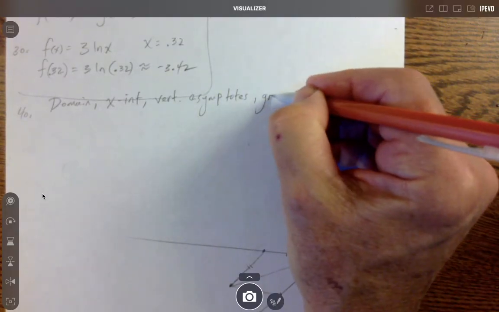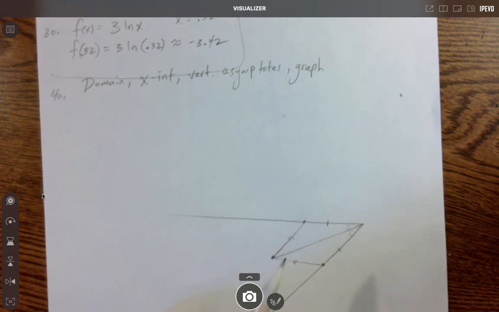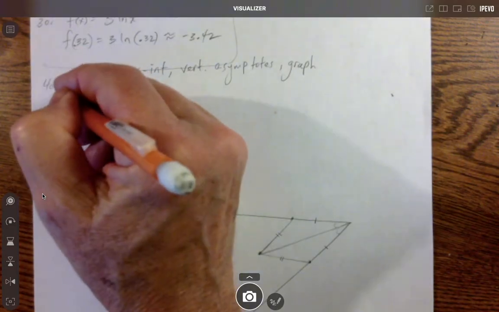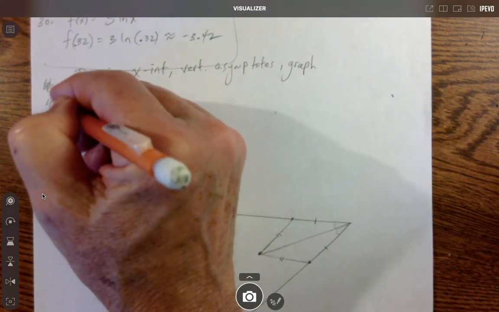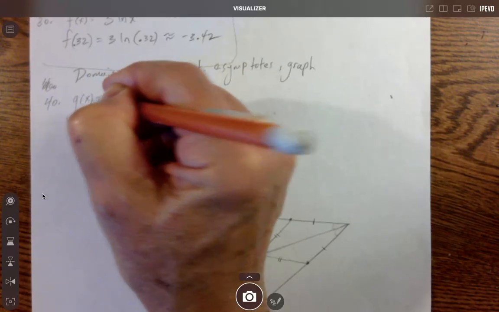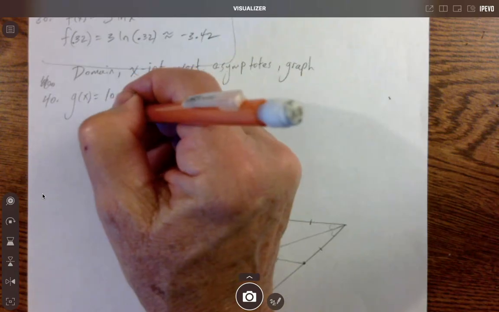So I also need a graph. All right. So looking at problem 40, we have g of x is equal to log base 6 of x.